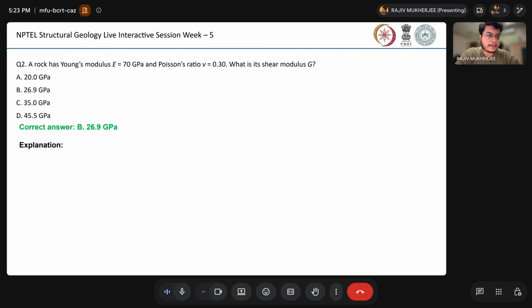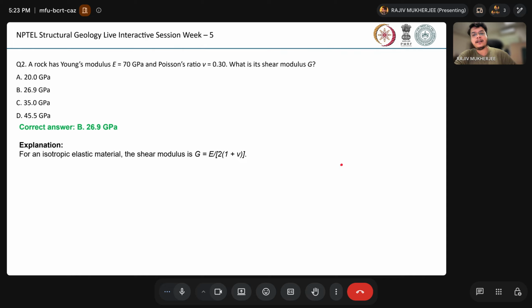Now here's the explanation for this question. For an isotropic linearly elastic material, the shear modulus is given by G equals E upon 2 into (1 plus nu). This formula relates the shear modulus with the elastic modulus, the Young's modulus, and the Poisson's ratio.